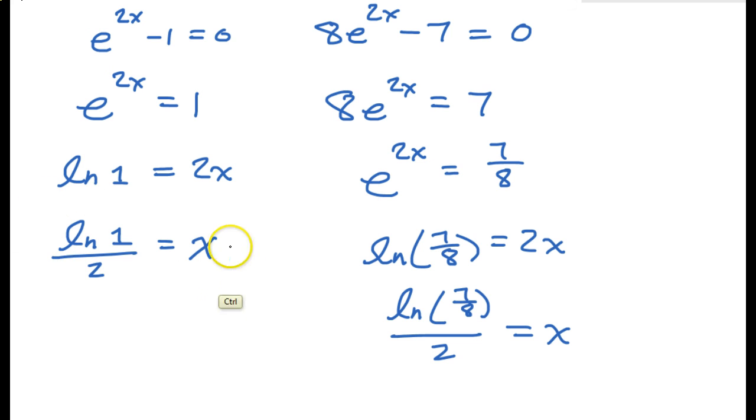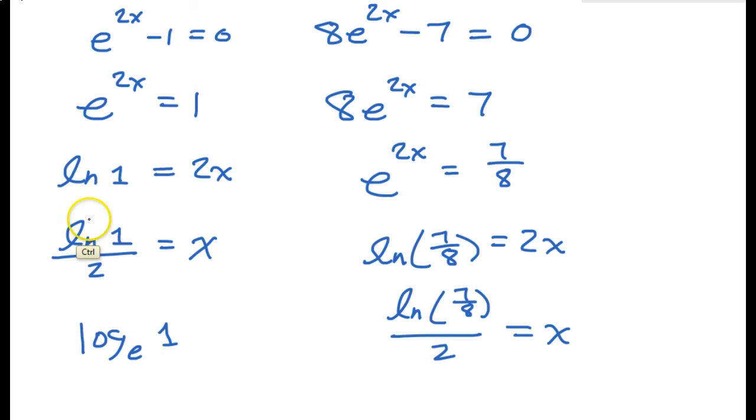All right, normally I would just leave the answer like this. But natural log of 1 can easily be evaluated in like 0.5 seconds. What is the natural log of 1? 0. Remember, this is like having log base e of 1. And a log is an exponent. What's the exponent that turns e into 1? It's the same exponent that turns everything into 1. 0.